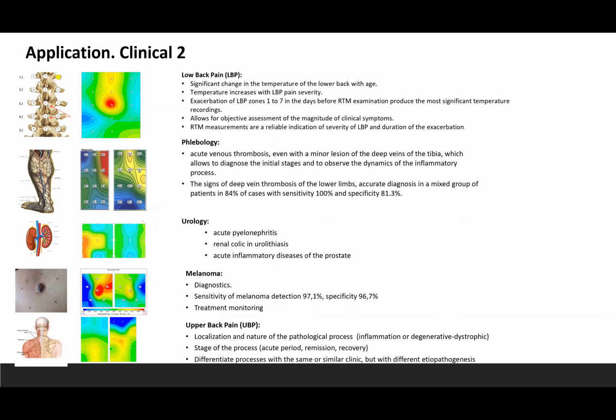Low back pain, we could visualize back pain. There is no other technique that could visualize back pain. Phlebology, you can detect venous diseases early, including so-called diabetic legs. Urology, again, early stage of cancer or acute pyelonephritis, renal colic, melanoma, upper back pain.